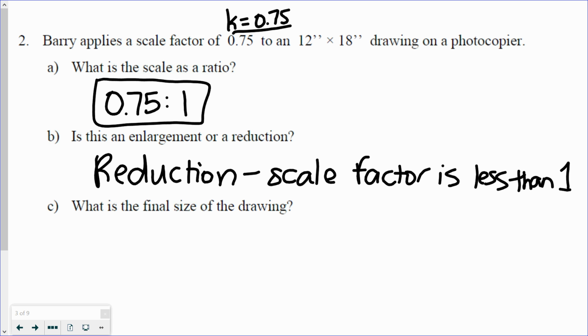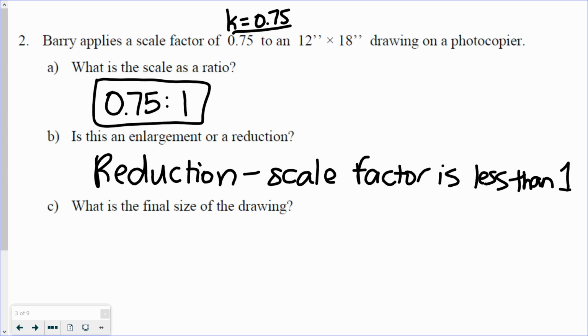If the scale factor was equal to exactly 1, that means that it's not enlarged or reduced. It's just a straight up copy. So when I put something in the photocopier, it gives me a scale factor of exactly 1. It should be exactly the same. We can photocopy and we can shrink things down and we can expand things up as well, but a straight copy would be a K value equal to 1.